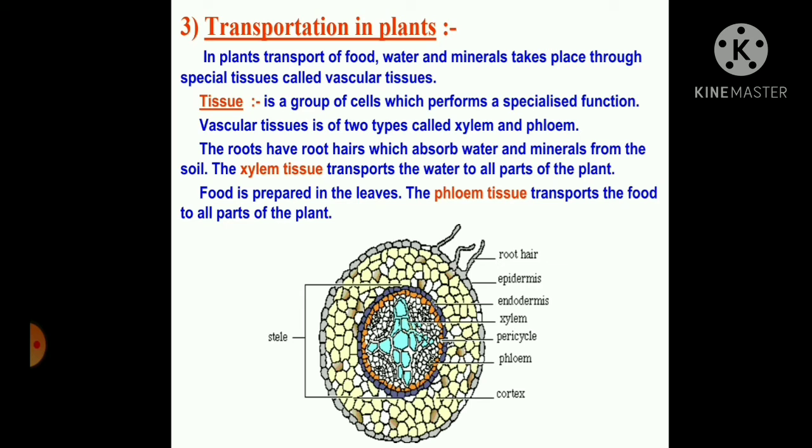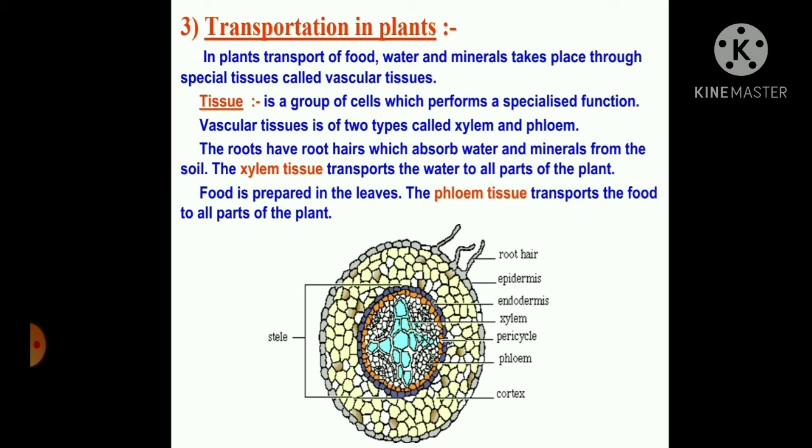The roots have root hair which absorb water and minerals from the soil, and the xylem tissue transports the water to all the parts of the plant. Food is prepared in the leaves. The phloem tissue transports the food to all parts of the plant.